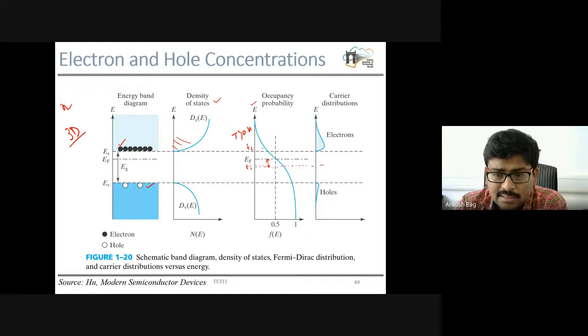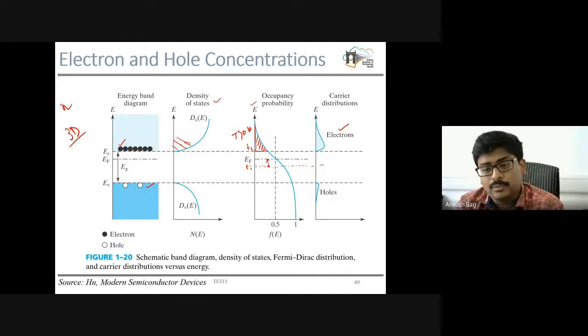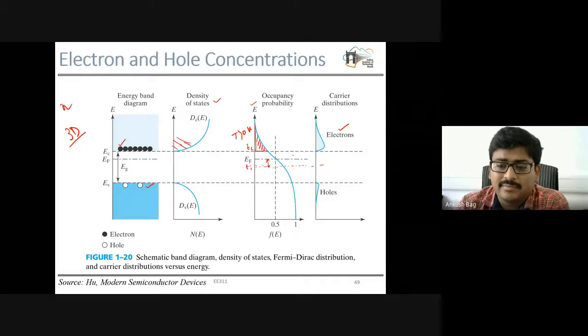Now see, there is a significant amount of Fermi-Dirac distribution penetration above the conduction band. So this portion, this extension along with this distribution, if you just multiply and integrate, then you will get this kind of electron concentration finally.